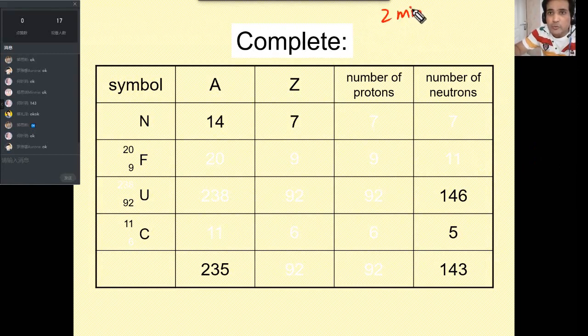Do this exercise by yourself quickly. I want to make sure you are very clear about this. You have 2 minutes, then I will show you the answer, then we go to the next one.